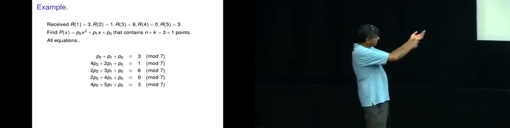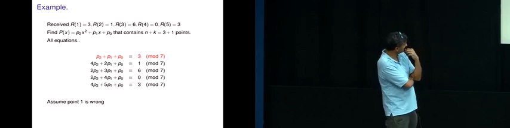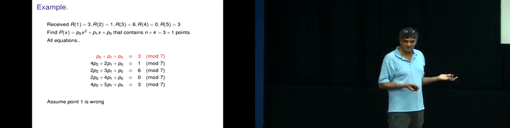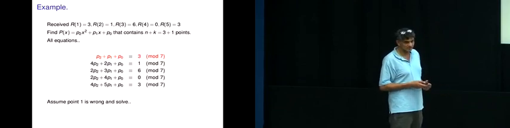I just wrote down the equations in this way, and what the algorithm on the previous slide said is, let me just guess which one's wrong. Let's assume this one's wrong and solve the rest of the equations. Is that going to work?